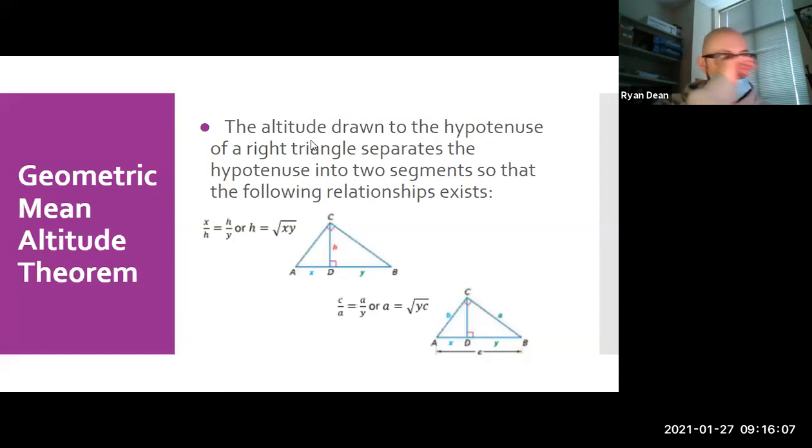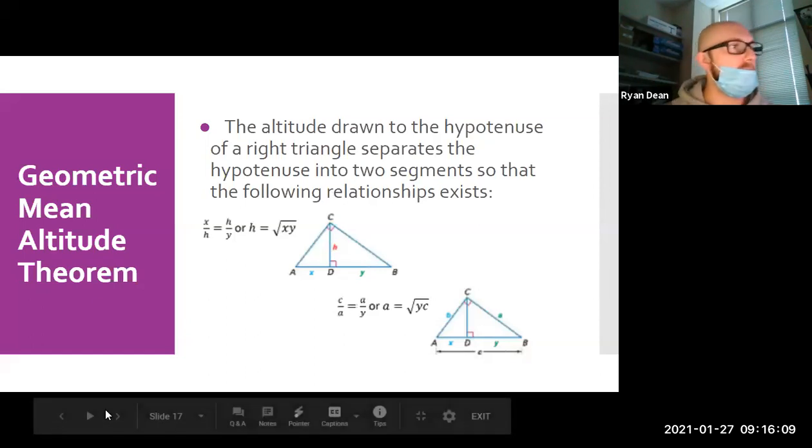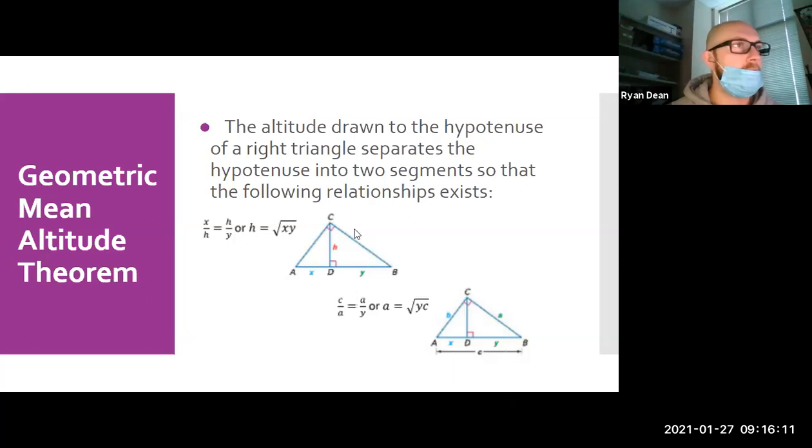All right, so continuing our talk about the geometric mean altitude, what we're doing with this is we are taking the altitude that's drawn to the hypotenuse of a right triangle. In this example here, that would be this green piece from C to D. So we're talking about this little segment right here.